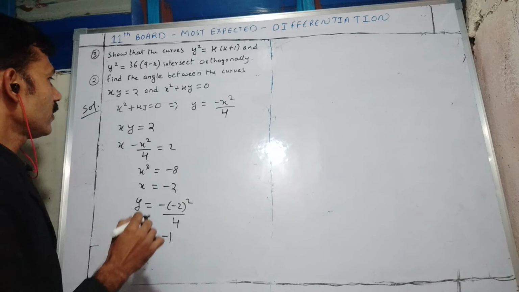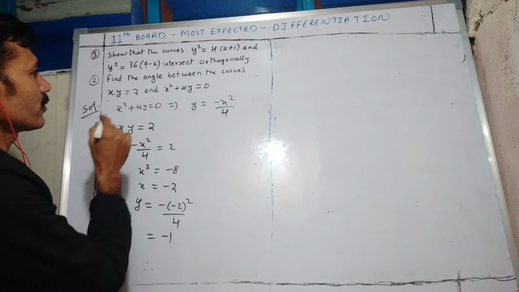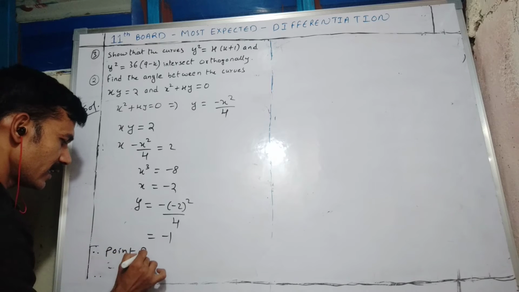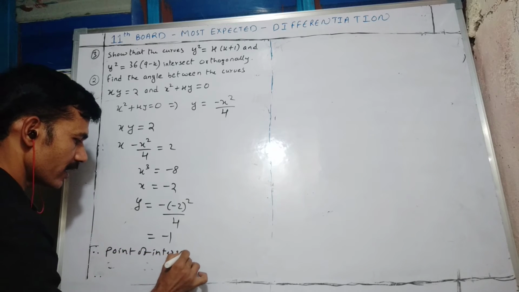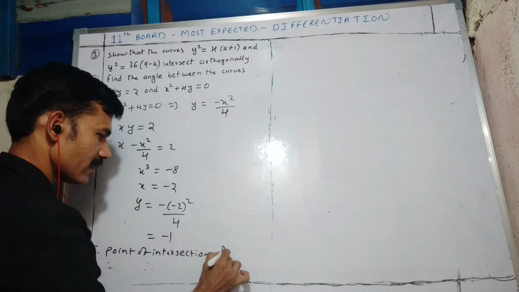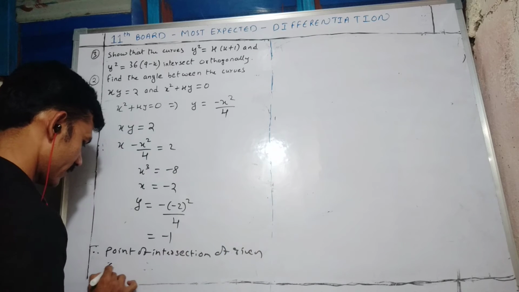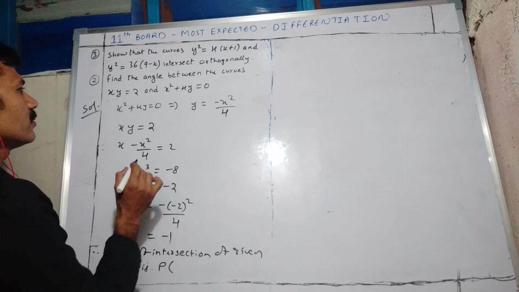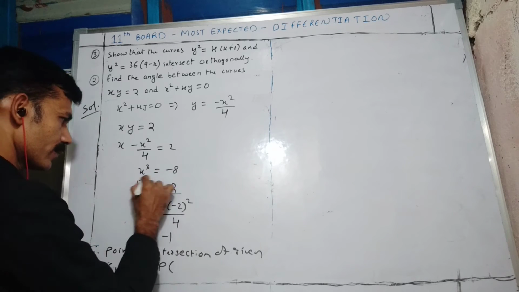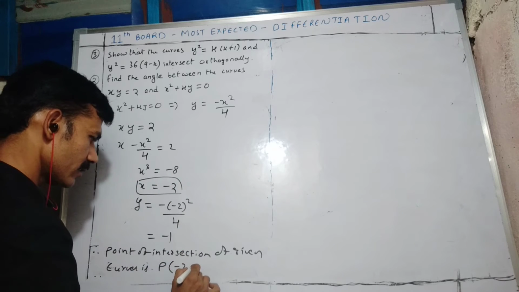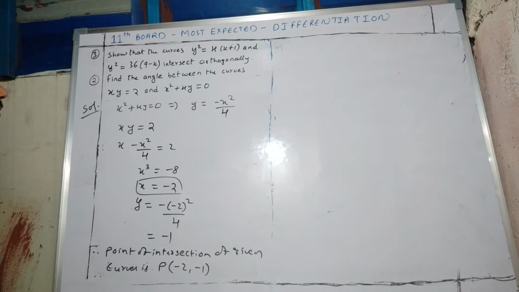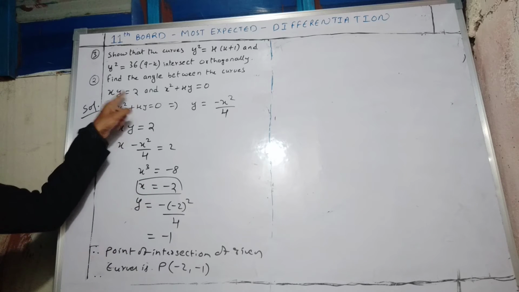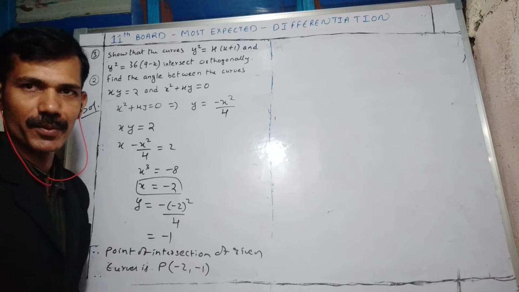Okay, what is the common point for both these curves? Therefore, the point of intersection of the given curves is, some P you think. X coordinate how much we got? Minus 2. And y coordinate how much we got? Minus 1. Okay, you can verify also. Minus 2 into minus 1 plus 2. It will satisfy both the equations.